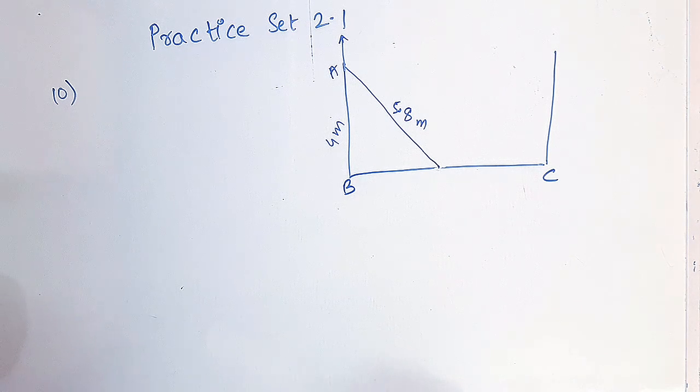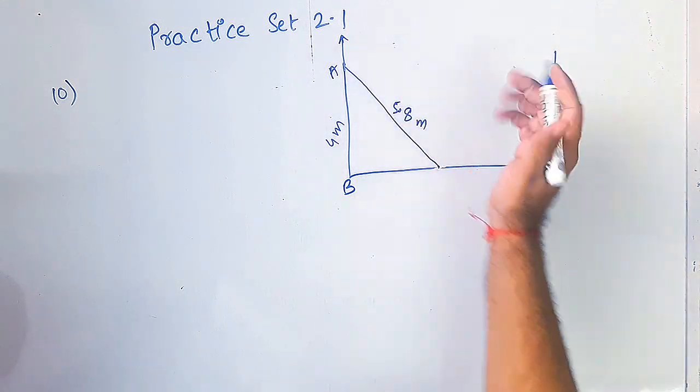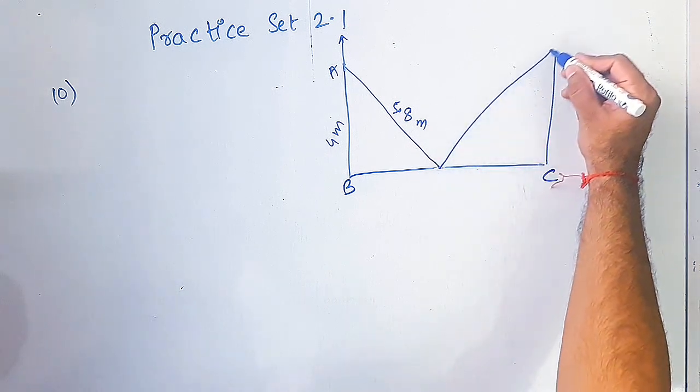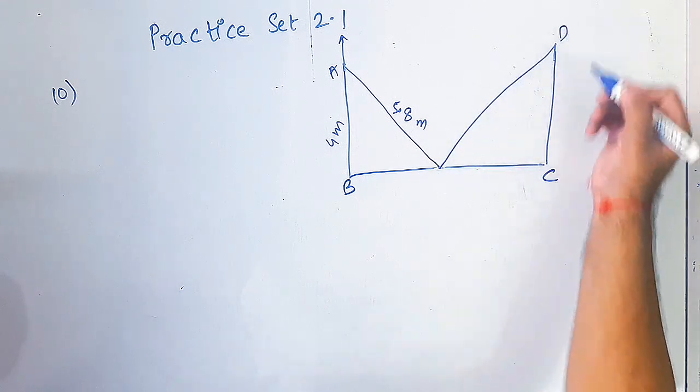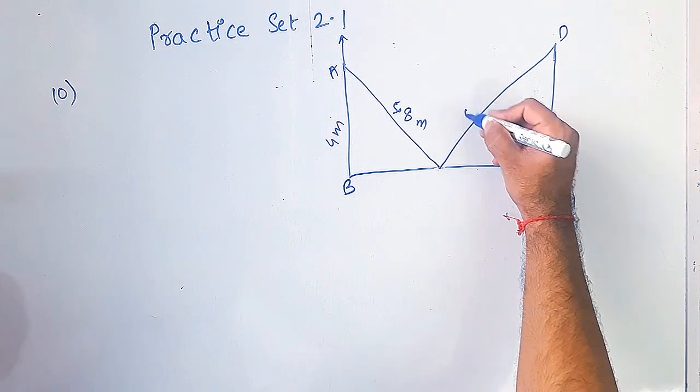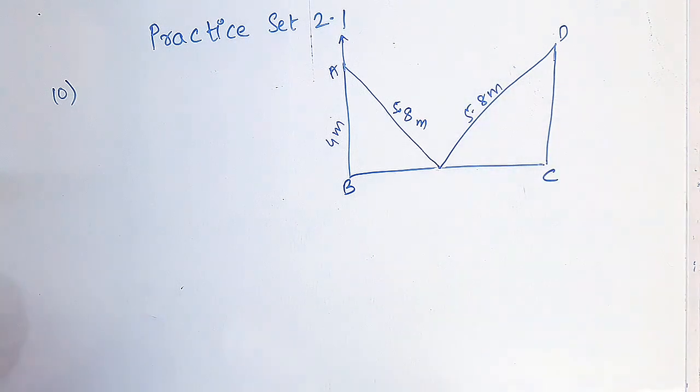On turning the ladder over to the other side, if I take the ladder from here to here, let us say this is D. The length of the ladder will be unchanged, it will be 5.8 meters.